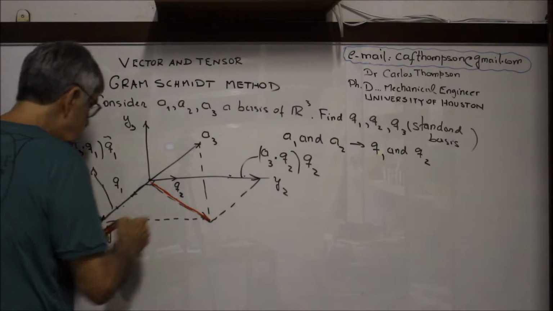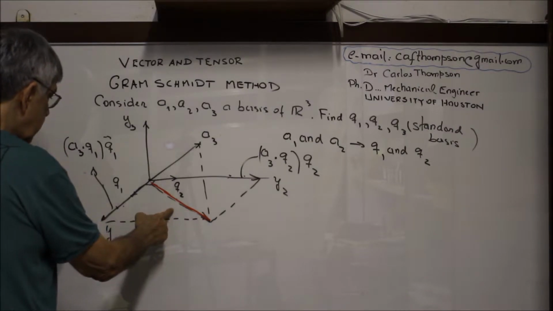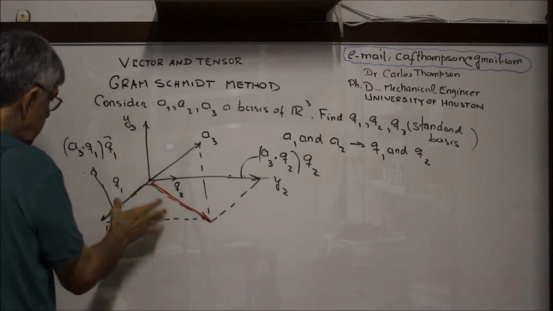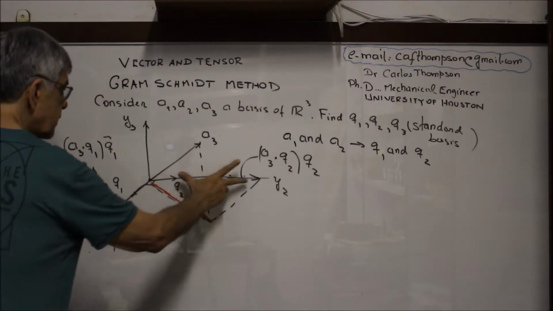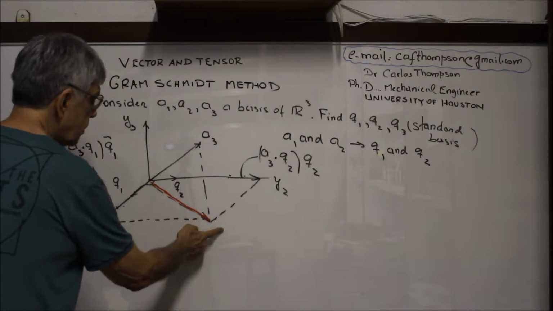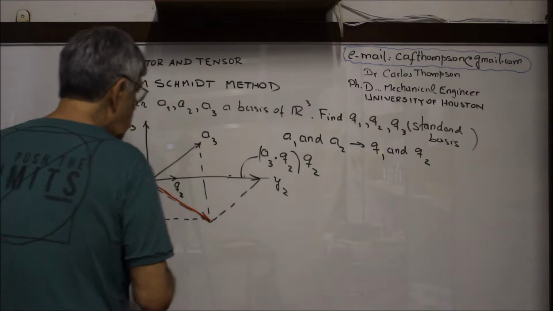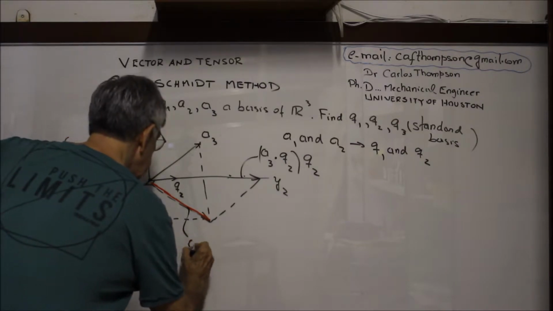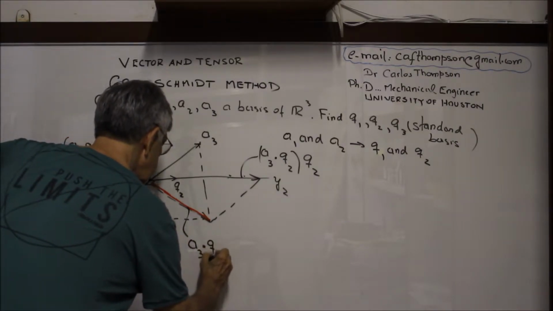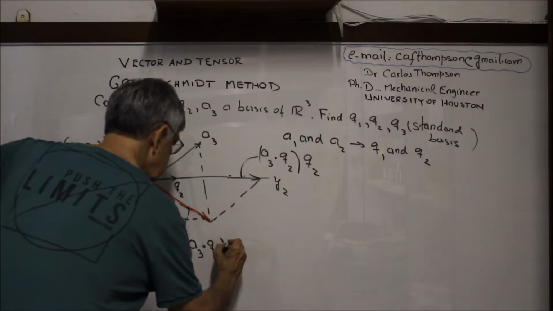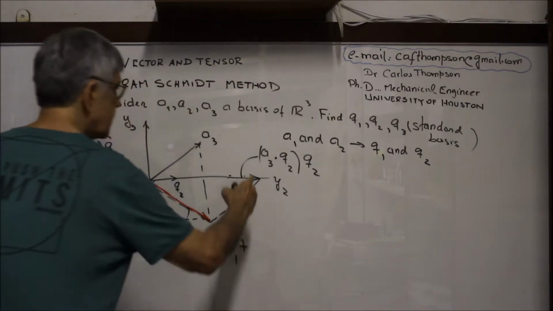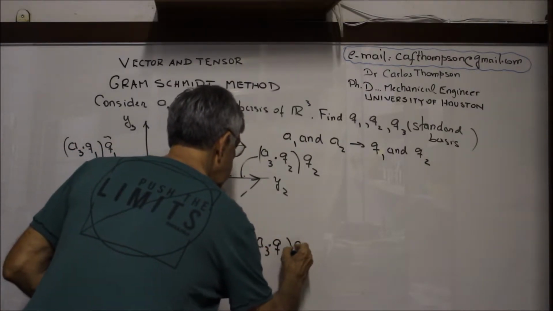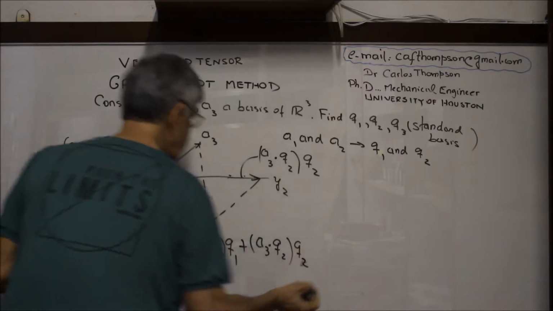Now this vector over here, in the Y1, Y2 plane, is the sum of this vector plus this vector. So this is a diagonal of a rectangle. Now this vector will be A3 dot Q1, the scalar, times Q1, plus A3 dot Q2, times Q2. It's easy.